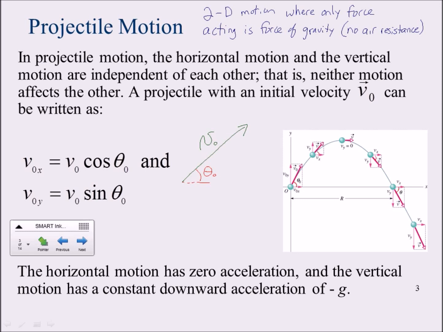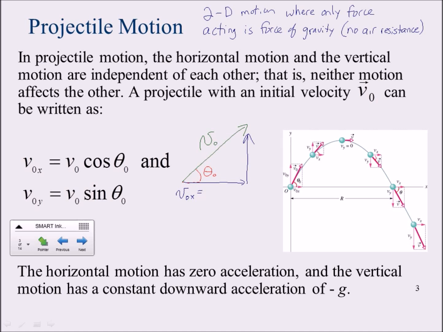So if I have an initial velocity v0 at an angle theta sub 0, I can take that velocity and break it into x and y components. This x component of the initial velocity, v0x, that's the side adjacent to that angle theta.